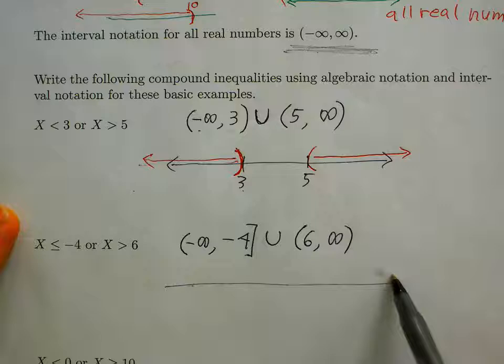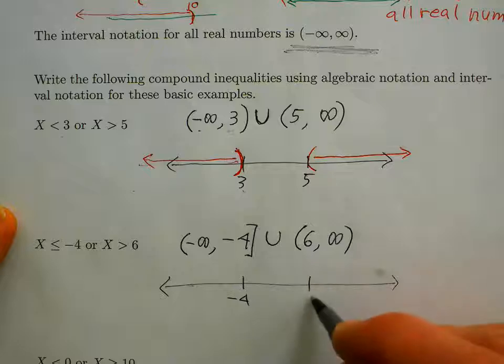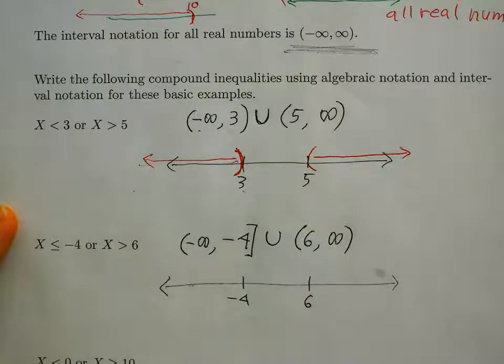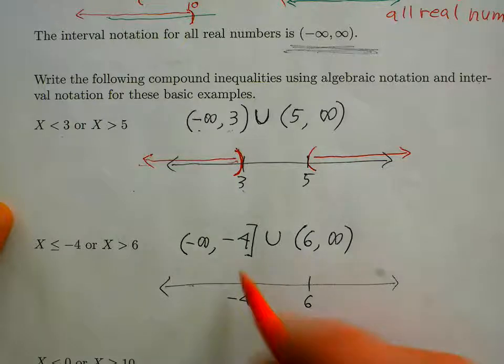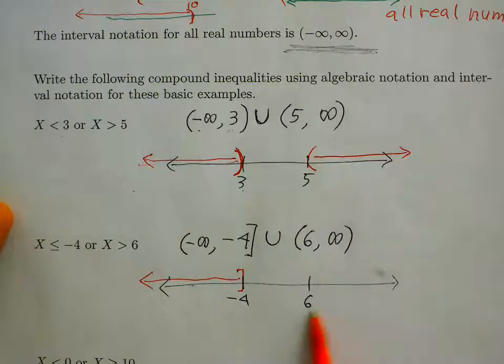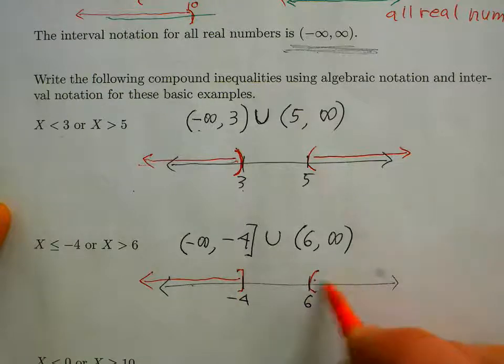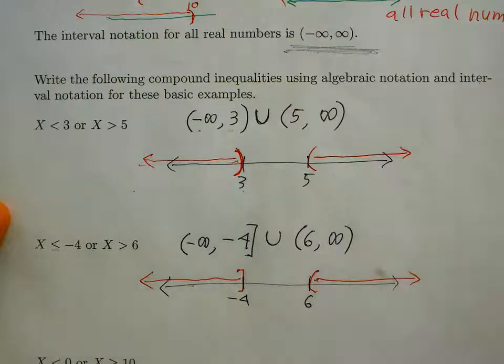And let's go ahead and graph it. So the numbers negative 4 and 6. Negative 4 is to the left of 6. So if x is less than or equal to negative 4, we have a bracket at negative 4 and everything to the left. If x is greater than 6, we have a parenthesis at 6 and that opens to the right, and then we shade to the right.